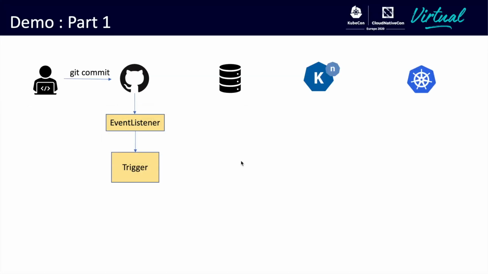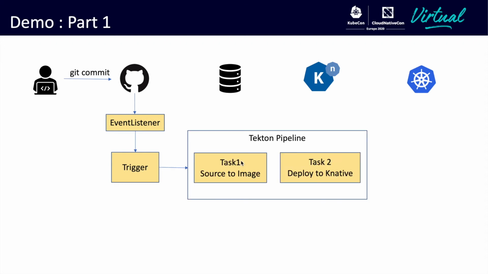So when a git commit happens, GitHub will send an event message to the event listener, and the event listener will pass the event message to a trigger. The trigger will extract the useful data and pass them to a Tekton pipeline.